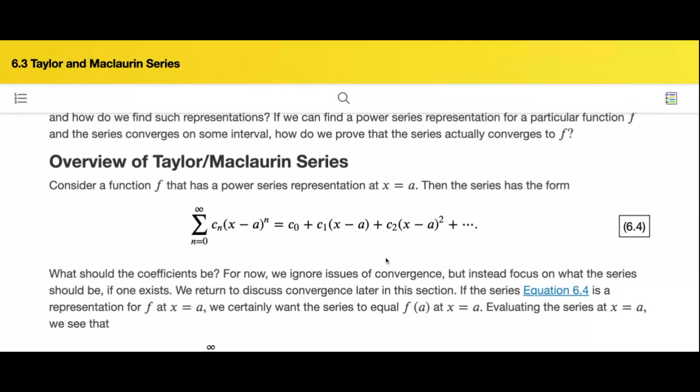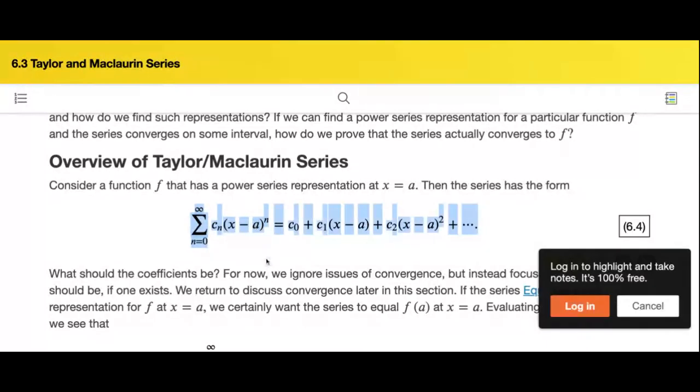Now, in the power series family, there are two special series. One is called the Taylor series, one is called the Maclaurin series. The Maclaurin series is a special case of the Taylor series. This is the center. We call this a, the center of the power series.